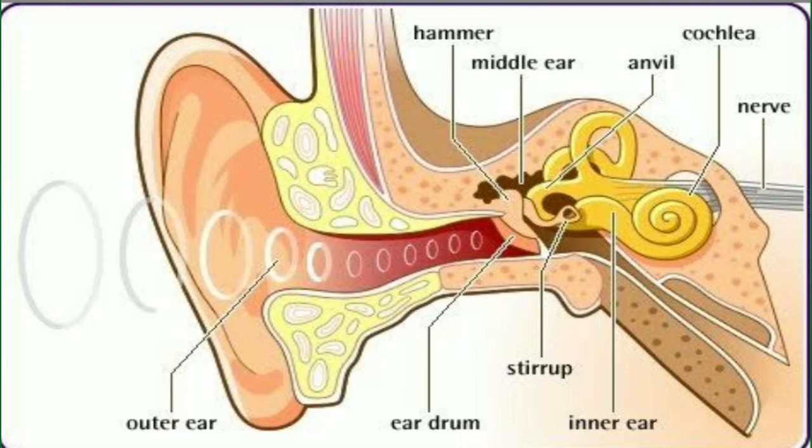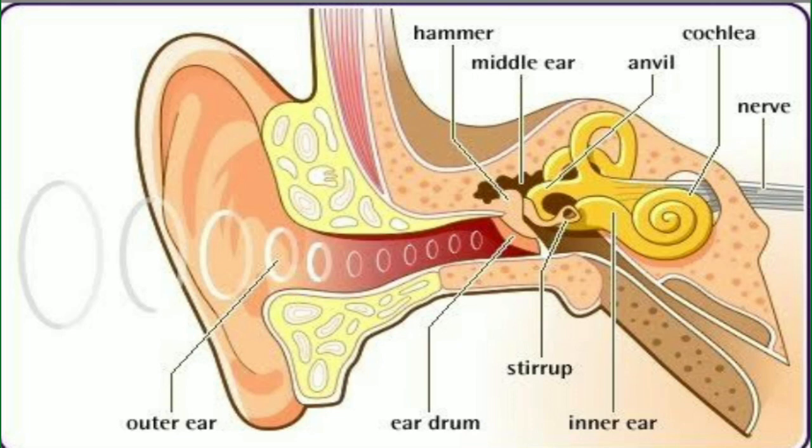And the free end of stirrup is held against the membrane over the oval window of inner ear. The middle ear also contains air. The lower part of the middle ear has a narrow tube called eustachian tube going to the throat. Eustachian tube connects the middle ear to throat and ensures that the pressure inside the middle ear is the same as that on the outside.